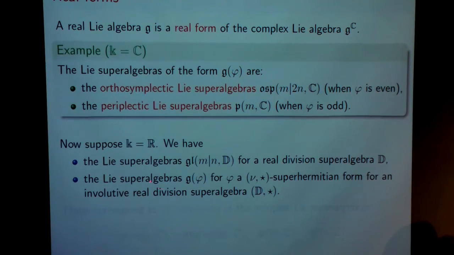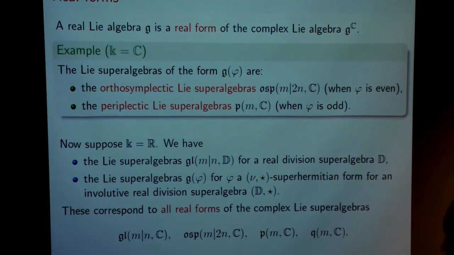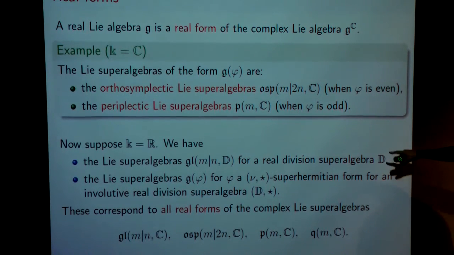And then we get these Lie superalgebras that preserve that form. And in fact, you get all real forms of the general linear, the orthosymplectic, the periplectic, and the isomeric or queer Lie superalgebras from this construction. And these are probably the most important Lie superalgebras. So you get all real forms of all of these in just one of these 2 ways.